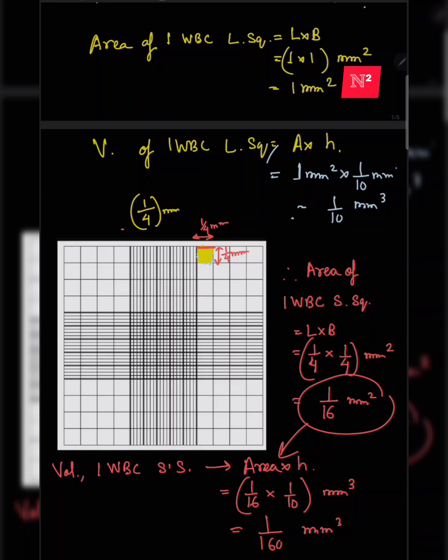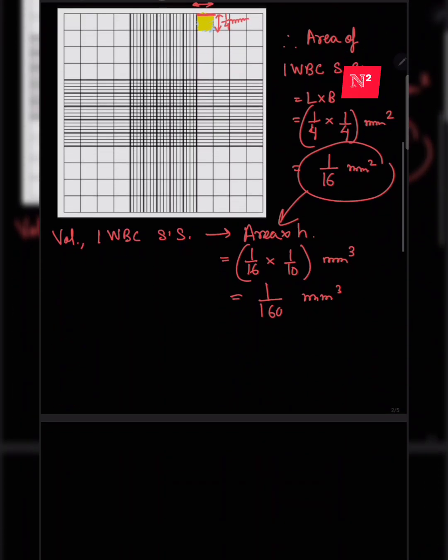Okay, so how many small squares are there? In each WBC large square, we can see there are 16 small squares. So there are 16 small squares over here, 16 over here, 16 over here, so 64.